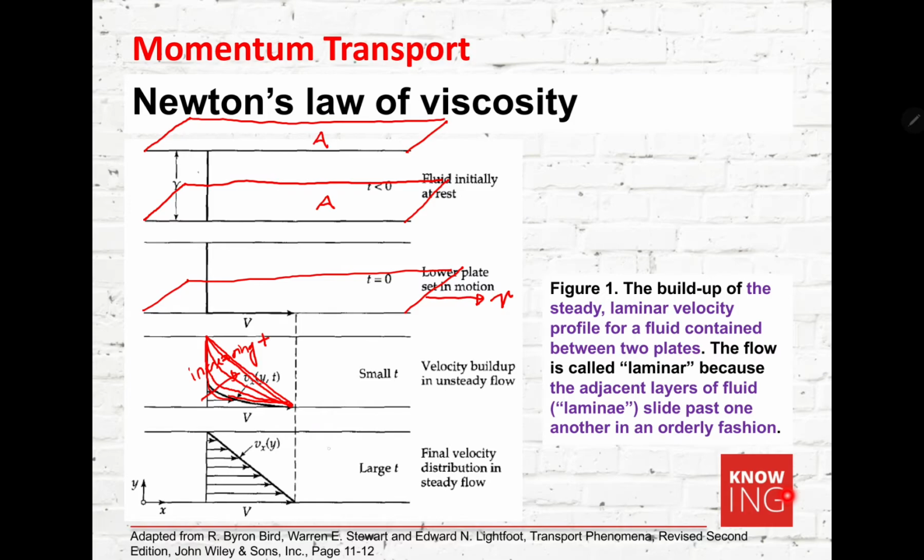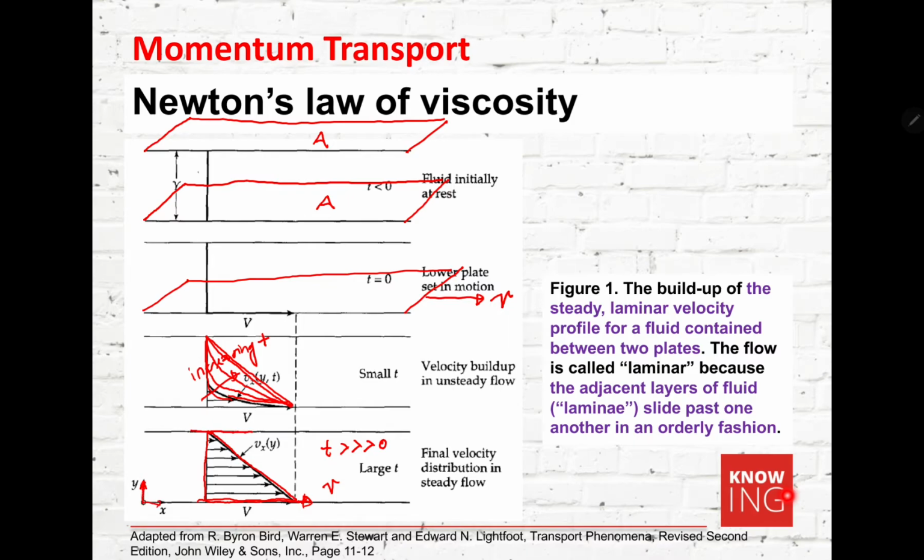And at a value of t much larger than 0, the velocity profile is linear, where the velocity on the upper plate is 0 because the upper plate does not move, while the velocity on the bottom plate here is equal to v. Remember that this velocity is in the direction of x. However, the velocity gradient is in the direction of y.